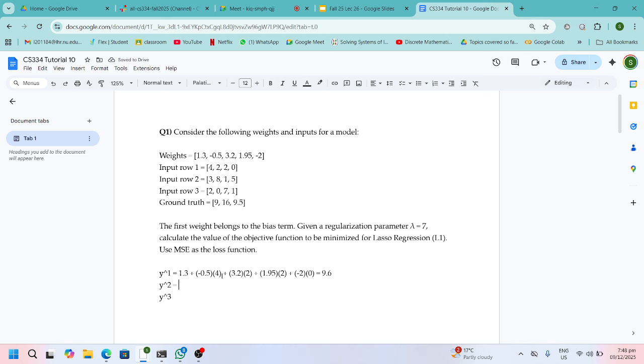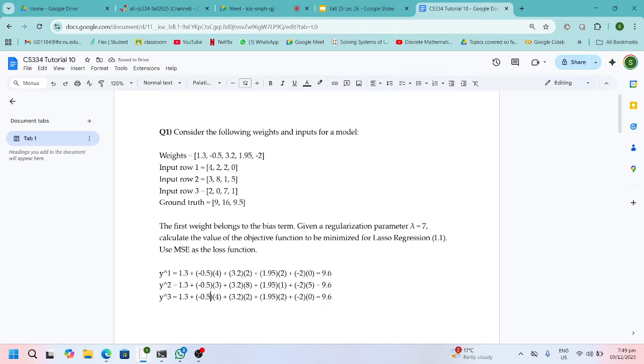Similarly, you will do this for y2 and you will do this for y3 as well. So I'm just gonna copy this over here and इसमें हम values को update कर लेते हैं. So here, as opposed to 4, I'm gonna look at my next input row now, 3815. So 3, 8, 1 and 5.